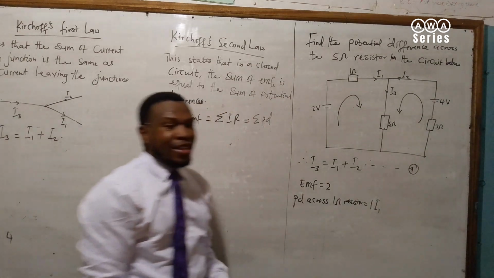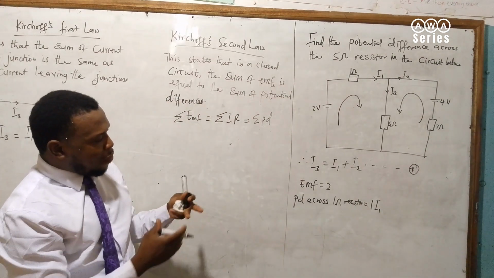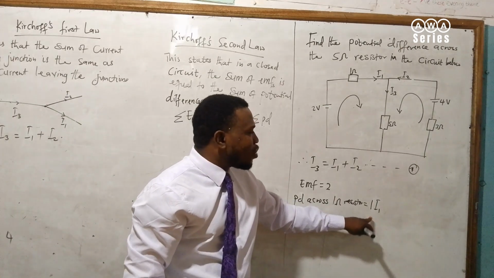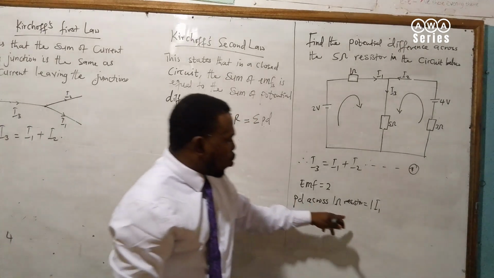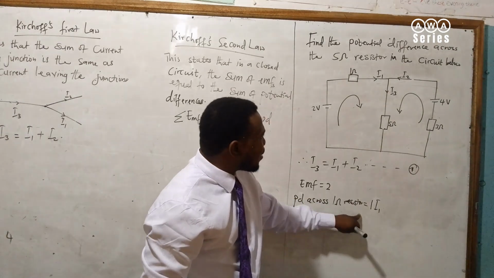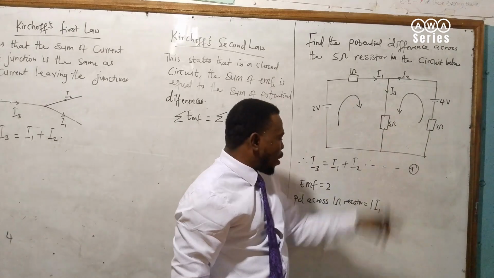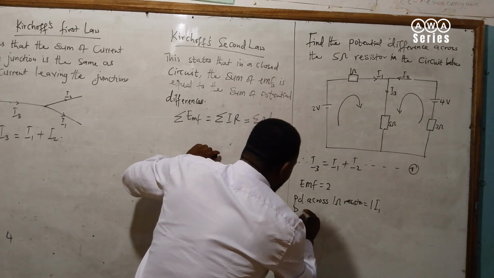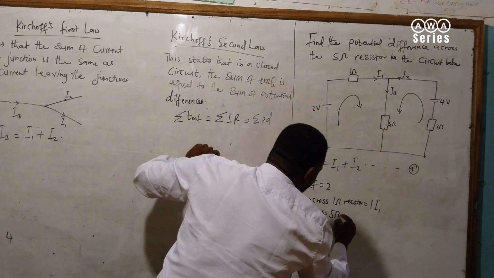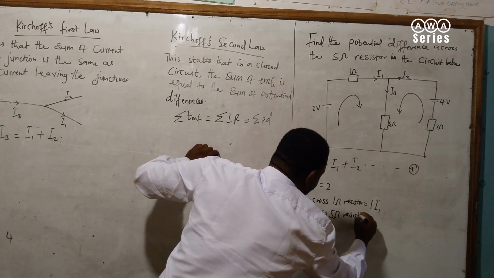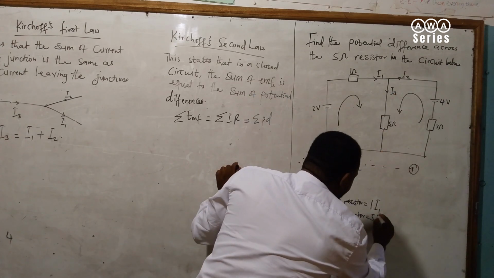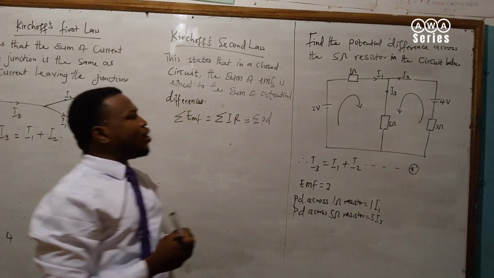Now 1 times I1 is the same as I1, but for the step-by-step process, let's leave the 1 there so that people will not be lost. The potential difference across the 5 ohm resistor is I3 times 5, so 5I3.